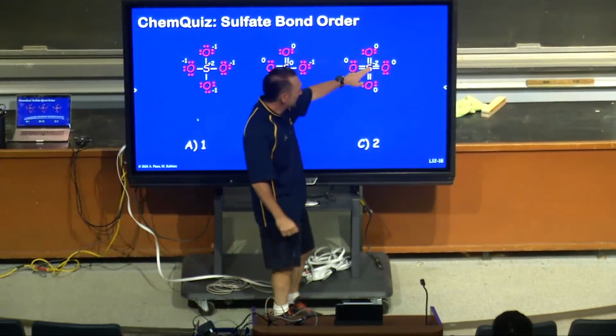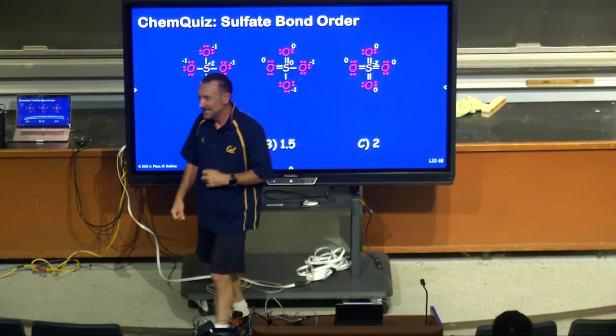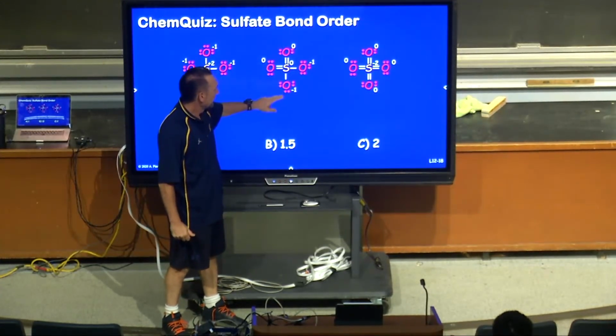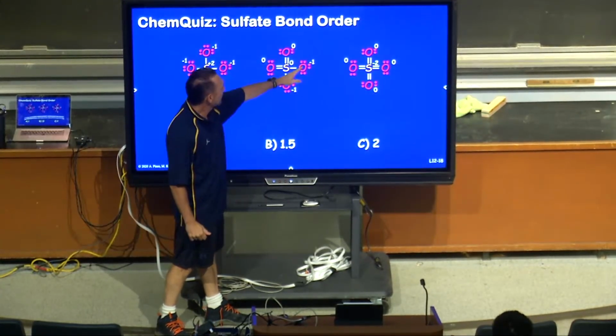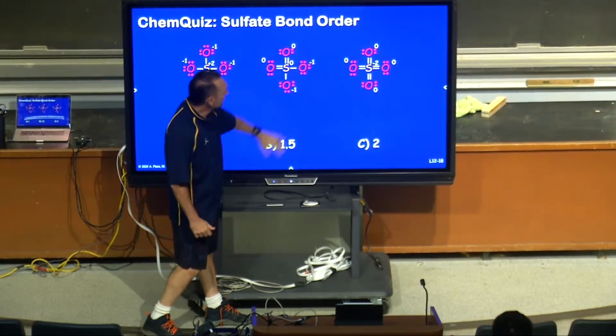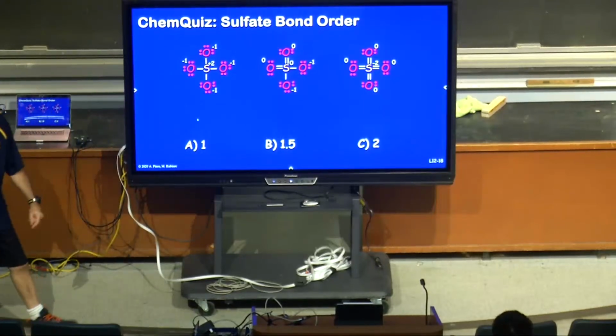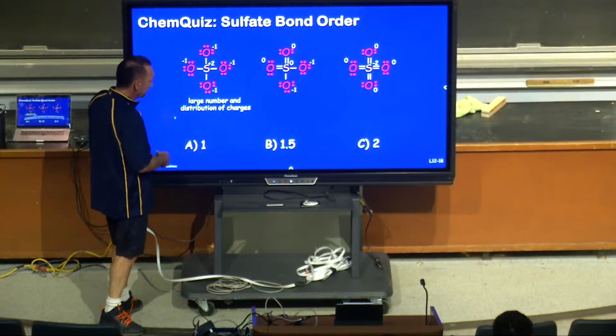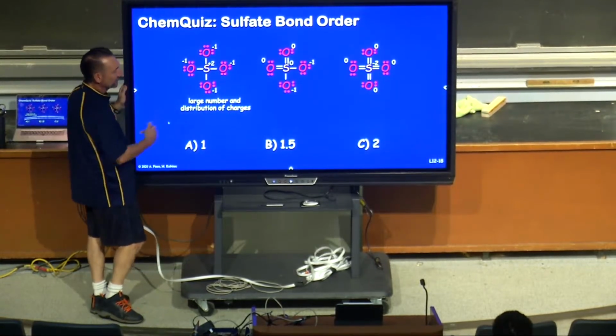So having the -2 here isn't as pleasing as if it were out on the oxygens. So this one that has the formal charge out on the oxygens and kind of a minimum distribution is the one we like.